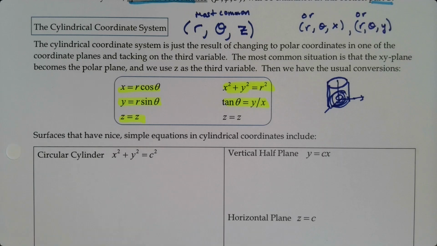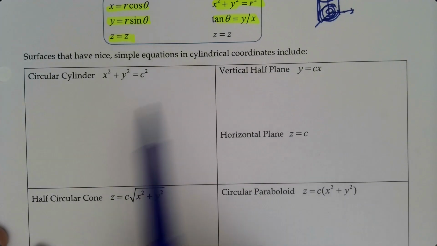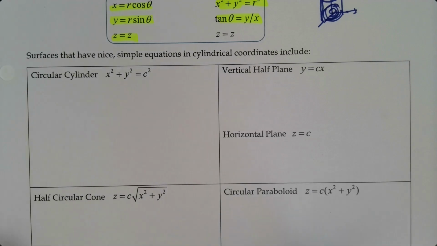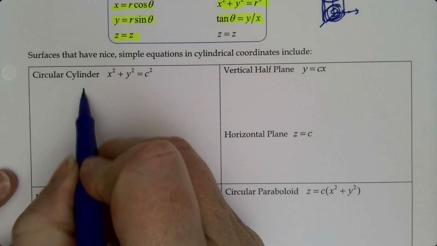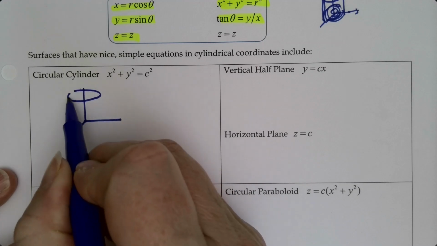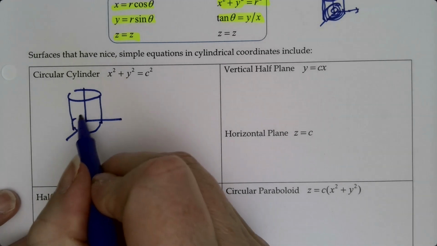All right, so let's think about a cylinder. So actually, there are several things that we just want to think about what they would look like and come up with some equations for them. So a circular cylinder, we all know what that looks like. I just kind of drew one up above, but not as good as the one I'm about to draw. There we go. So this is a circular cylinder.